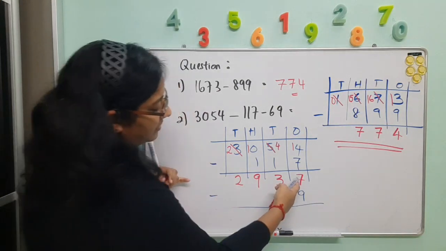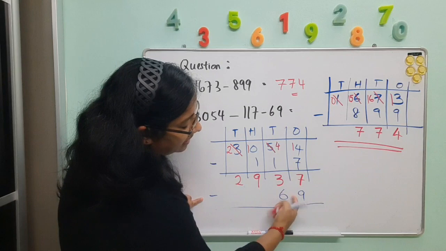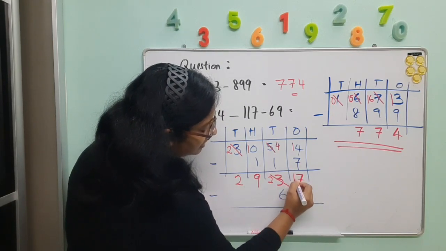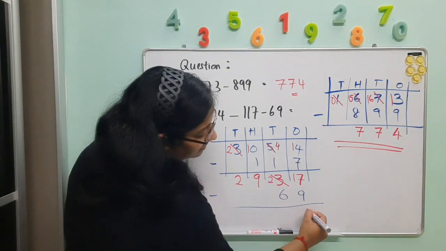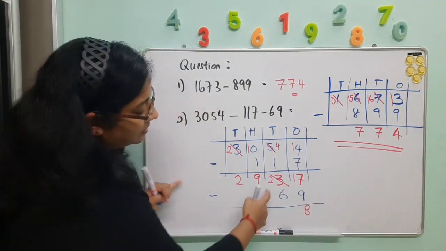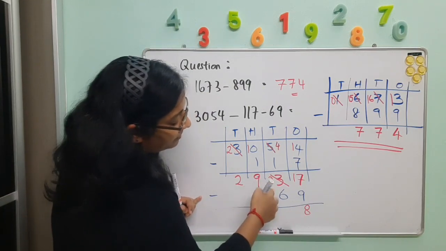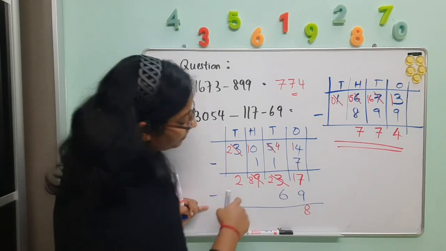Okay. 7 minus 9. 7 is smaller than 9. We're going to borrow from here again. This becomes 2 and this becomes 17. 17 minus 9, 8. 2 minus 6. 2 is smaller. Borrow again from the next place value.